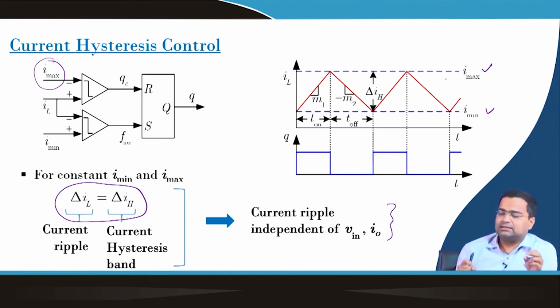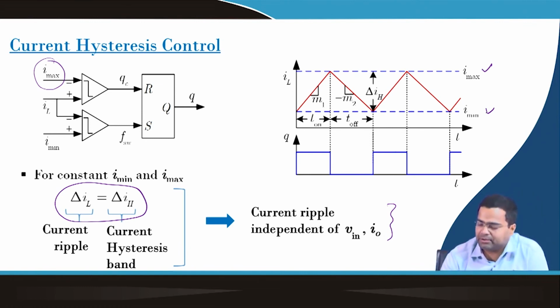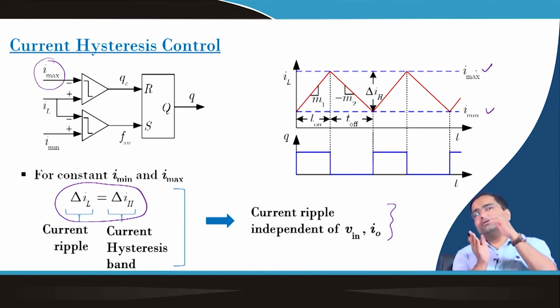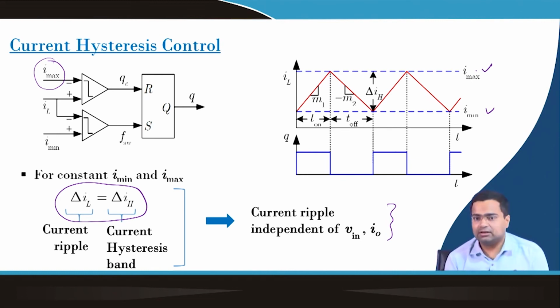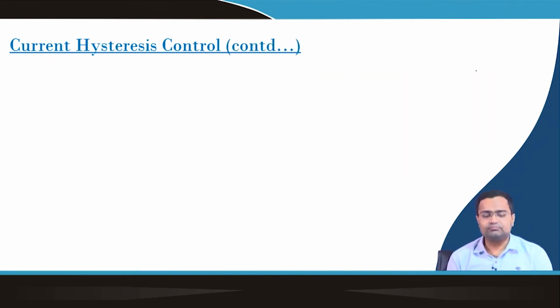As a result, the current band will not remain constant. Of course, if you take the minimum one, the lower value compared to the higher value, it will be less than delta IH, but the inductor current ripple will not be the same as the hysteresis band, that we will discuss.